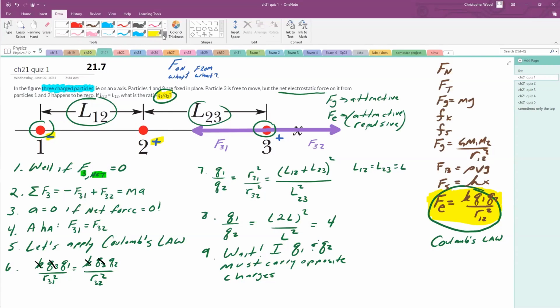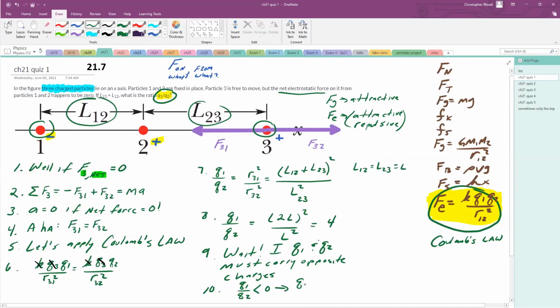Well, number 10. So if Q1 is negative and Q2 is positive, then this is going to be less than 0. So therefore, Q1 over Q2 is equal to -4. That's the ratio.